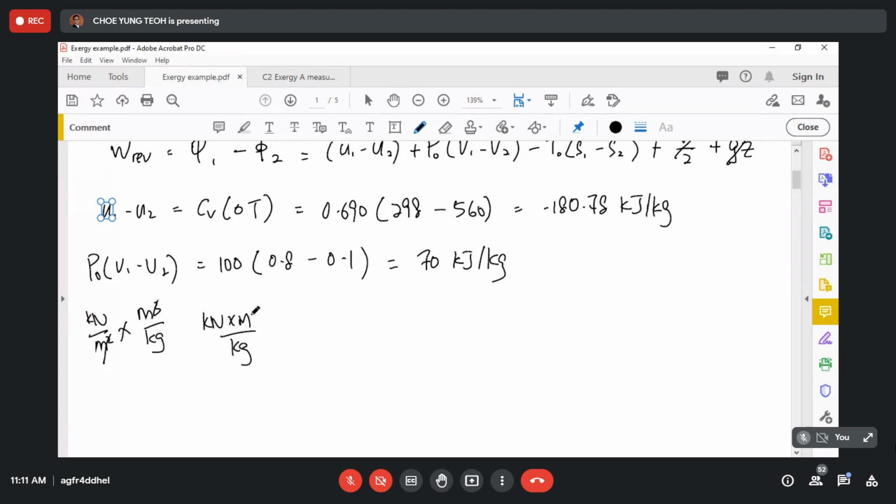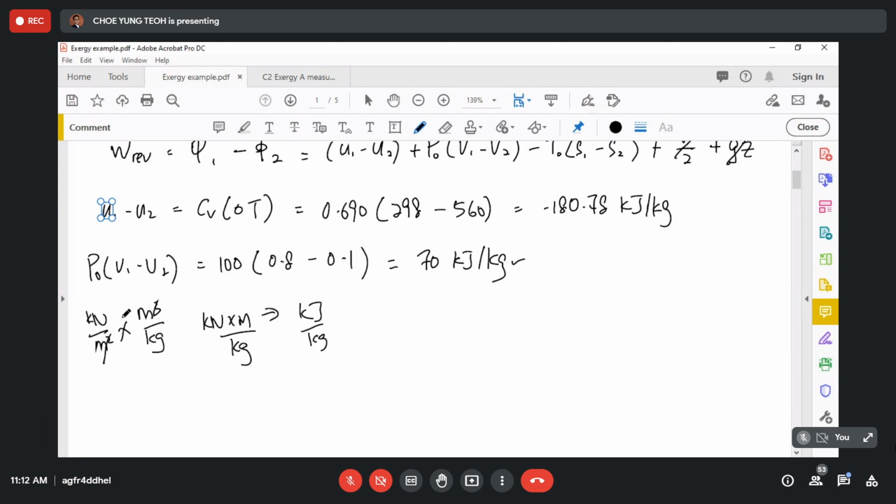So Newton times meter is a force times distance. Okay, Newton is a unit for force and meter is a unit for distance. So force times distance, you get kilojoule over kg. So our unit is valid.